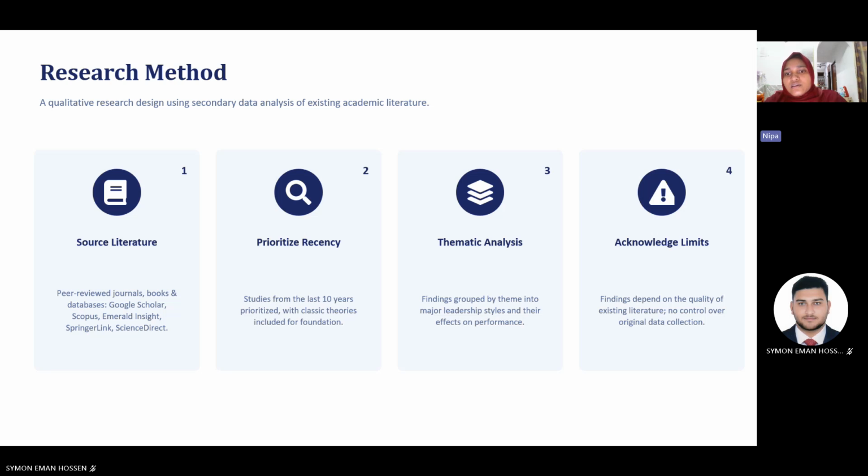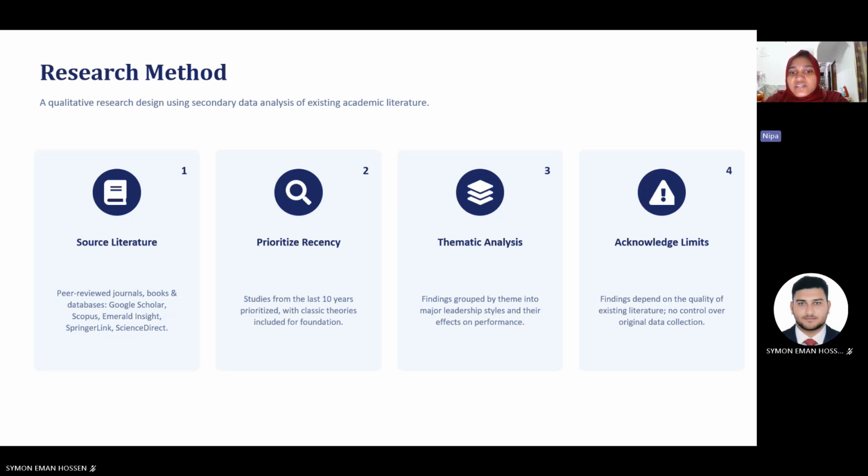I prioritized studies from the last 10 years, but also included classic leadership theories like Bass and Burns for theoretical guidance. Step 3. I used thematic analysis, grouping similar findings across studies into themes for each leadership style.